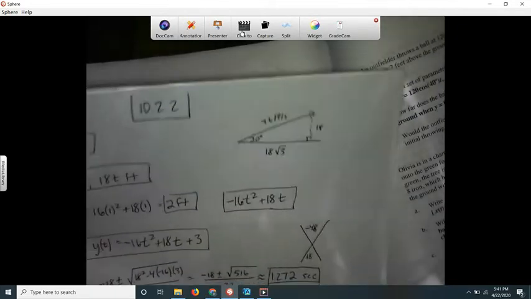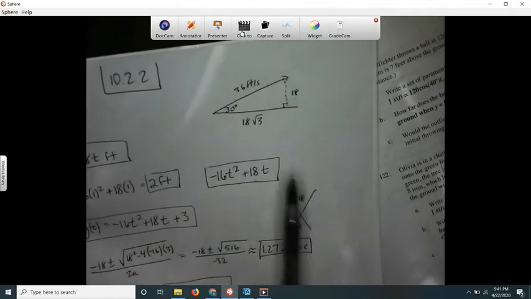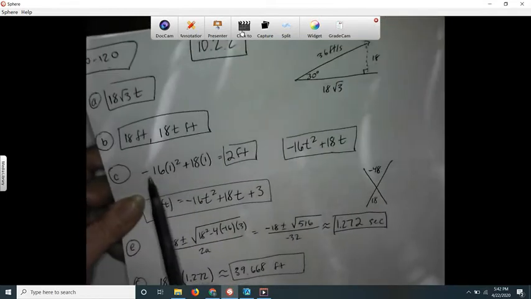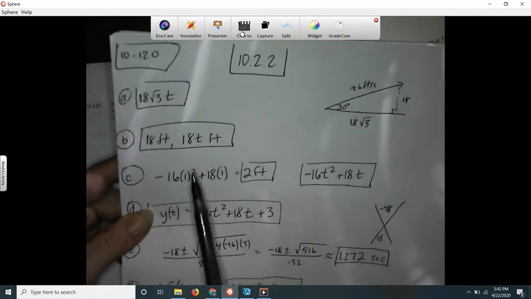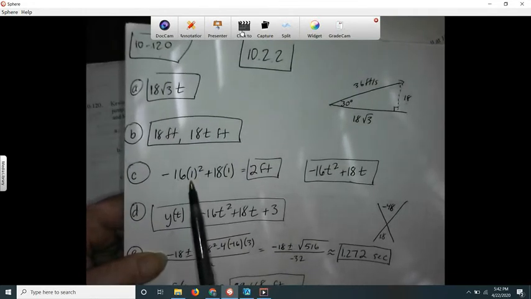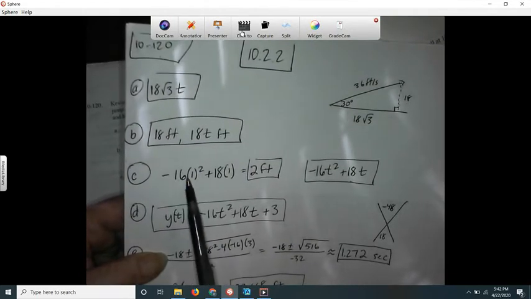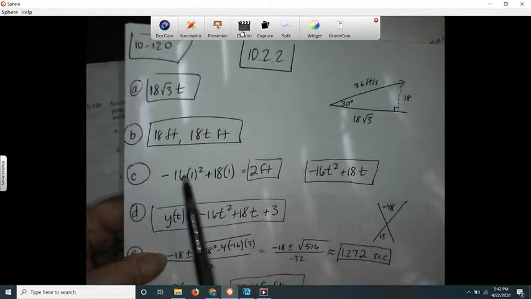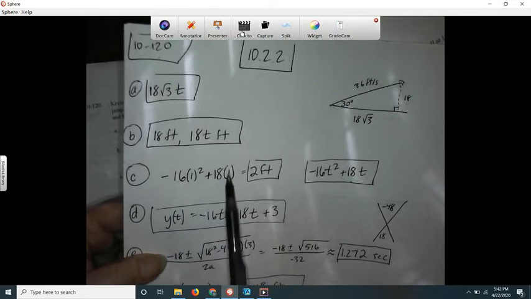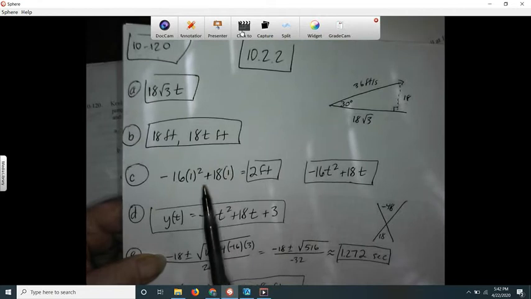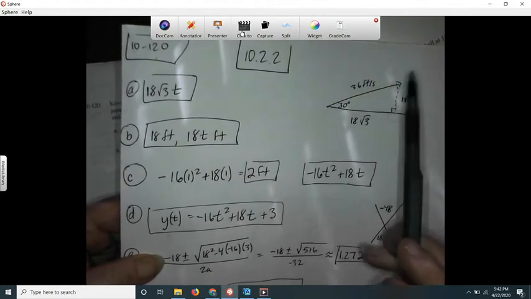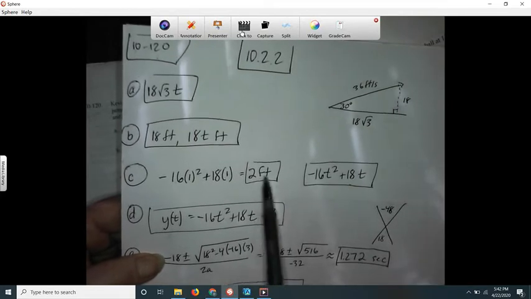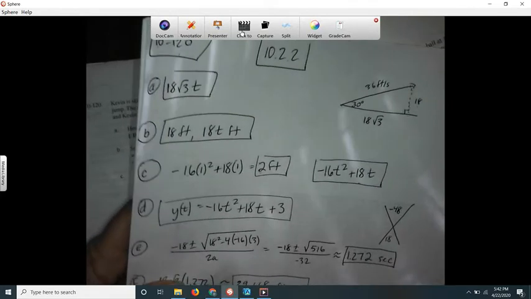So for just 1 second, negative 16 times 1 squared, that's negative 16 plus 18. Remember, because 18t gives us our vertical component. So it's going to be 2 feet.